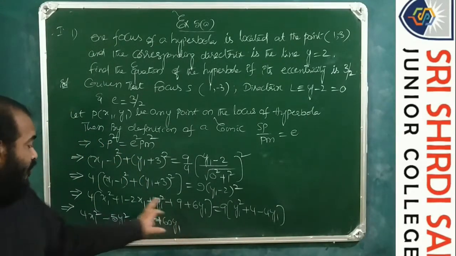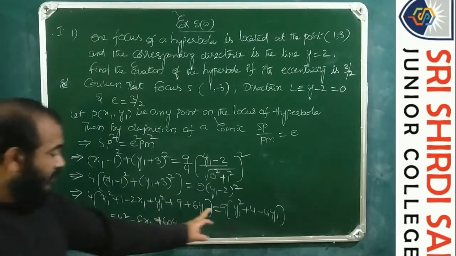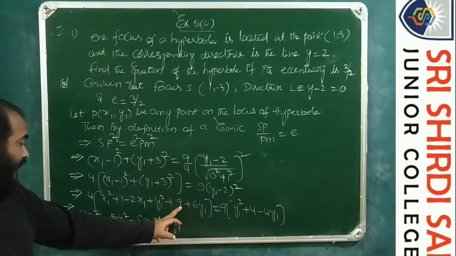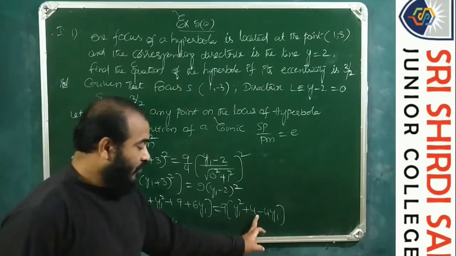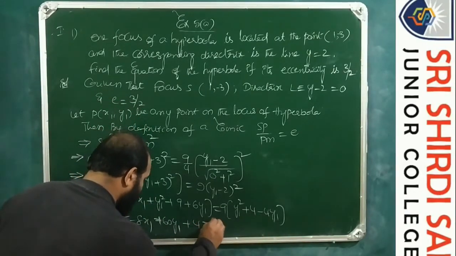Next, 9 plus 1 is 10. 10 4s are 40. 9 4s are 36. 40 minus 36 is plus 4, equal to 0.